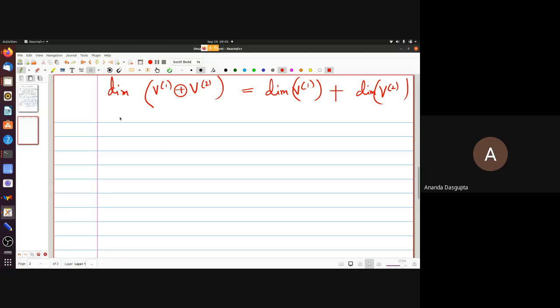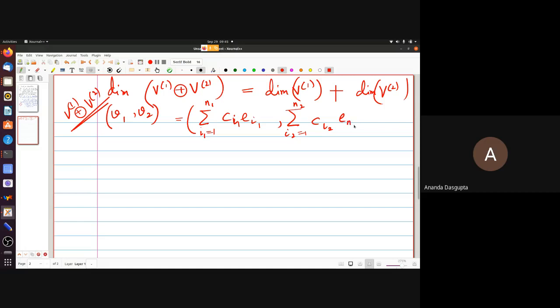Why? Because notice that every element of V1 plus V2 is of the form V1 comma V2, and you can write this as the sum over I1 equal to 1 to N1 of C I1 E I1, and the sum over I2 equal to 1 to N2 of C I2 E I2.